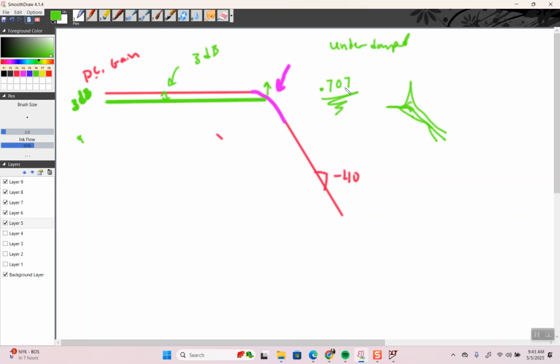So sometimes you really got to look at what's going on here. We're going to go over the time domain on Wednesday, but you really have to get this point here to ultimately get your damping coefficient. And you don't have to see peaking for it to be underdamped.